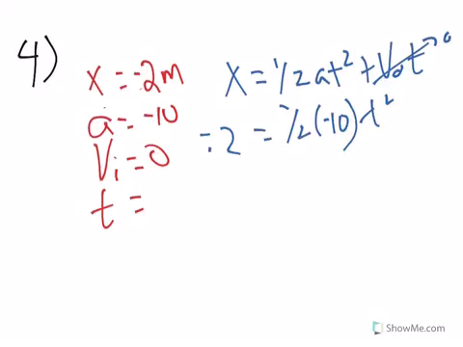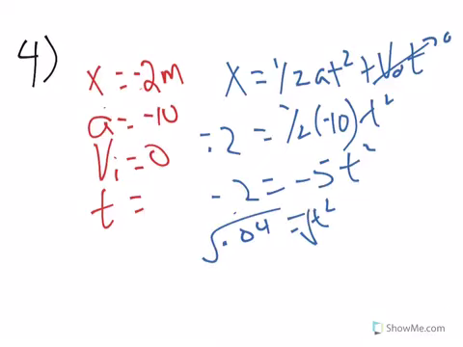We divide by negative 5, so we get negative 0.2 equals negative 5 t squared, and we would get positive 0.04 equals t squared, and then we square root both sides, and we get 0.2 seconds is equal to t.